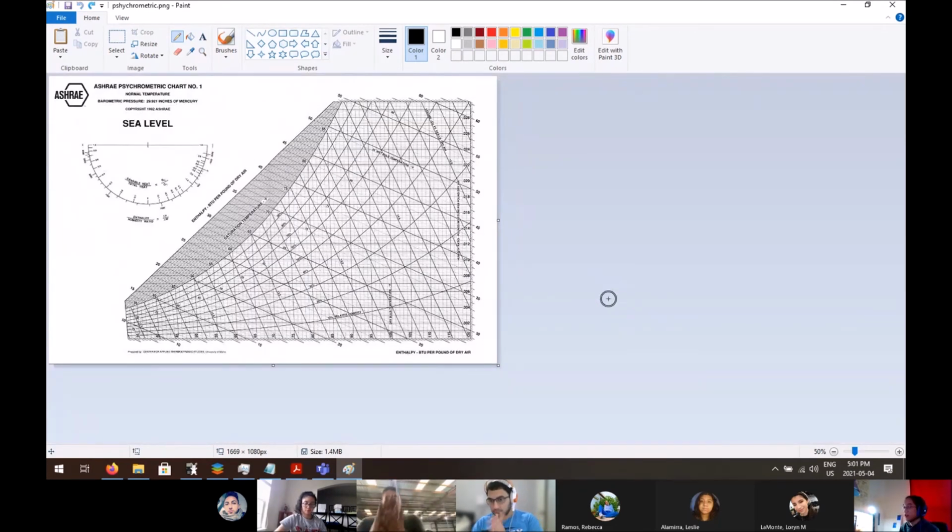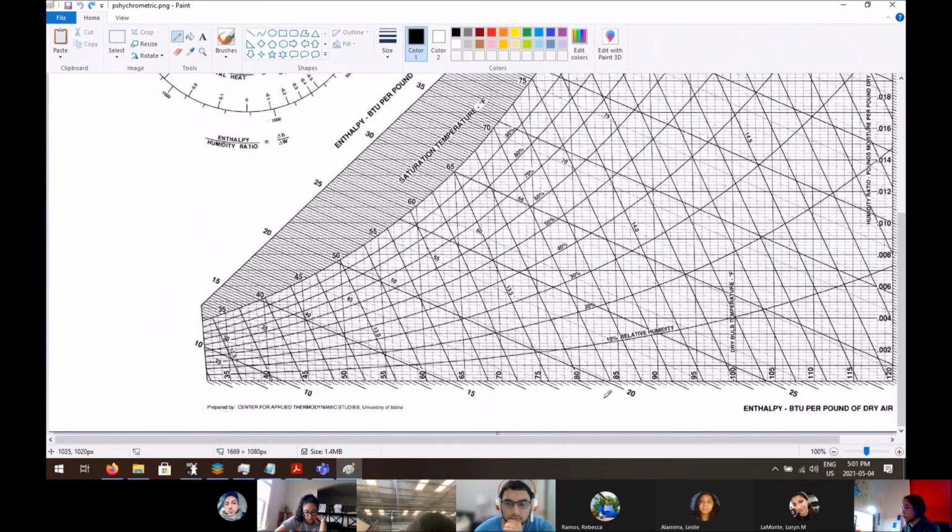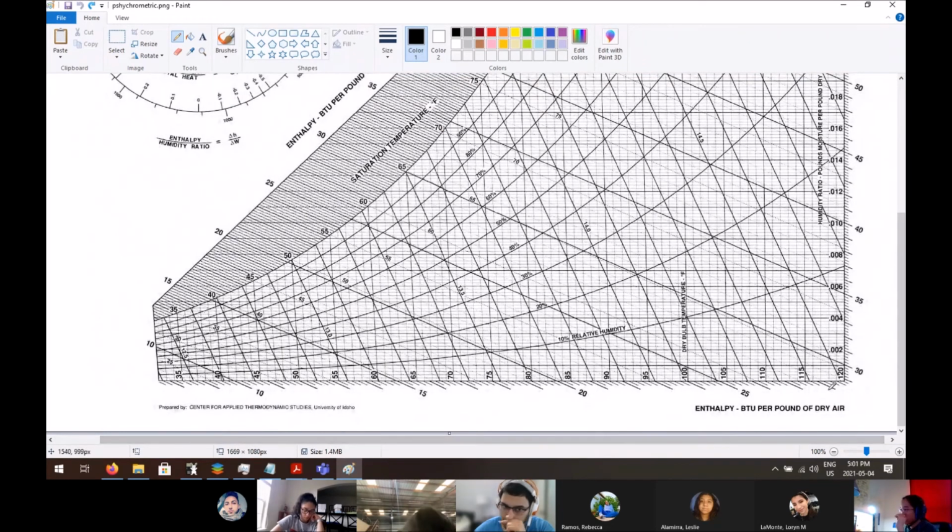So there are essentially two main properties of a climate. There is temperature and there is humidity, right? Whenever you get a forecast, you get a temperature, which is one of the most important things, but you also sometimes get humidity. So right on the bottom axis right here, you have your temperature, dry bulb temperatures.